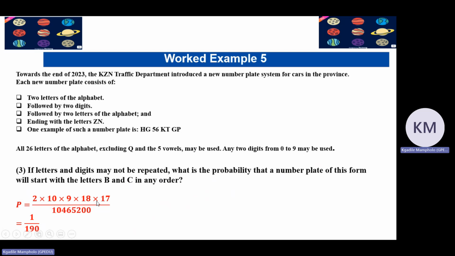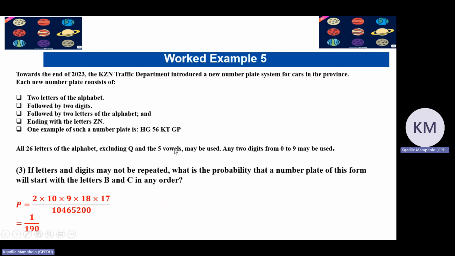And then remember, we say letters may not be repeated. When you choose the digits, you choose out of 10, then out of 9, because you choose 2 and they are not repeated. Then when you choose the letters, remember B and C are excluded here, so you'll be choosing out of 18, 18, then the last letter will be out of 17.